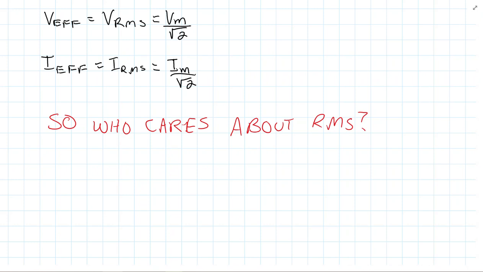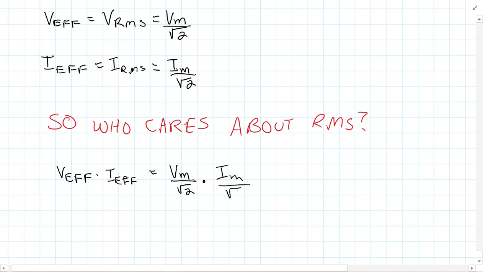But there's something else that you can look at here. Let's look at what V effective times I effective would be. Well, that would be Vm over the square root of 2 times Im over the square root of 2, which is Vm Im over 2. But wait a minute. That's just capital P, my average power.